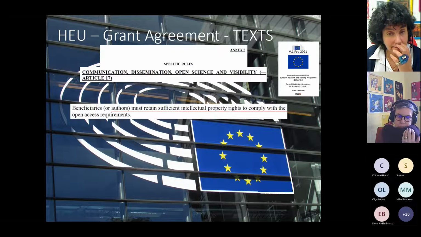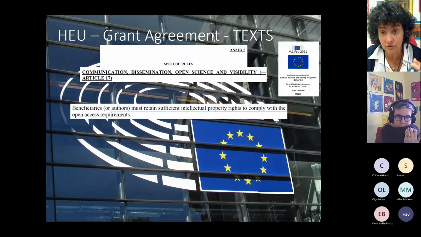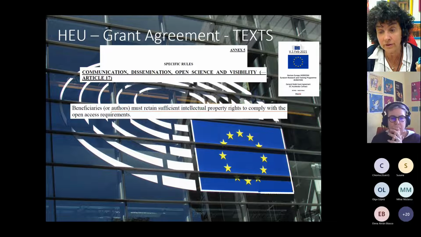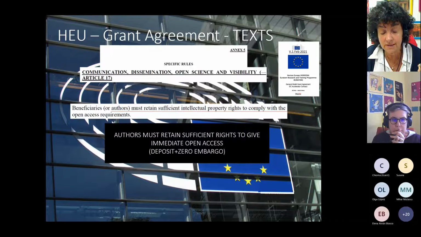Then, as you can see here, again, in the wording of the grant agreement you are going to sign when your project is funded, beneficiaries must retain sufficient intellectual property rights to comply with the open access requirements.